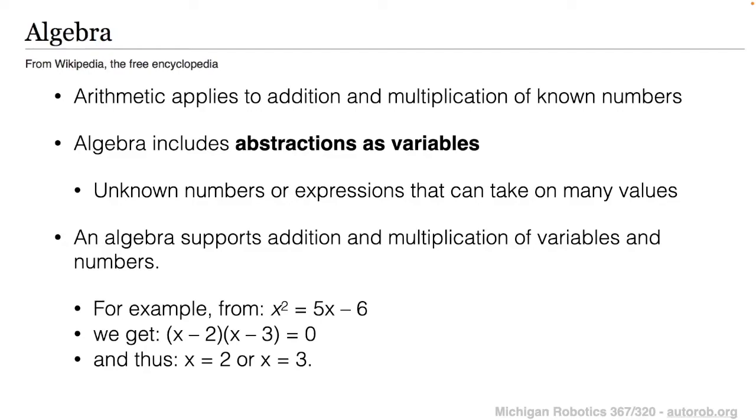What algebra gives us is the ability to abstract away the knowledge of specific numbers by using variables in their place, and still letting us use the rules of arithmetic to manipulate what now become these symbols for representing variables.